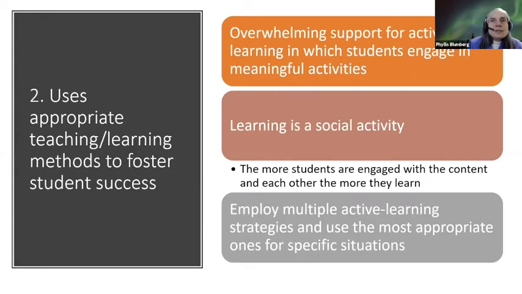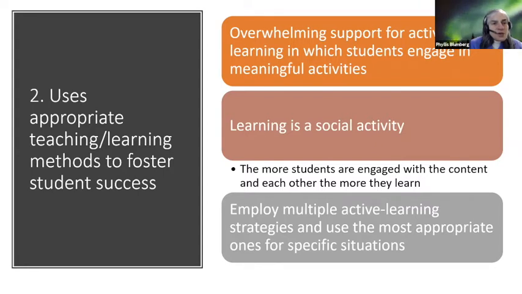The second one is uses appropriate teaching and learning methods to foster student success. For me, there is only one umbrella category of appropriate teaching learning method, and that's active learning. Active learning requires that all students engage in meaningful activities. It's usually contrasted with traditional instructional methods where the students are passive recipients of content.